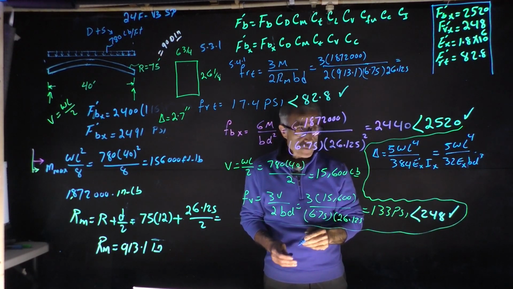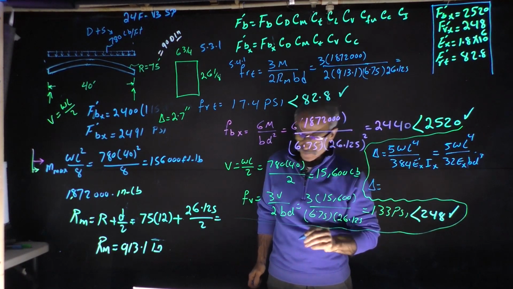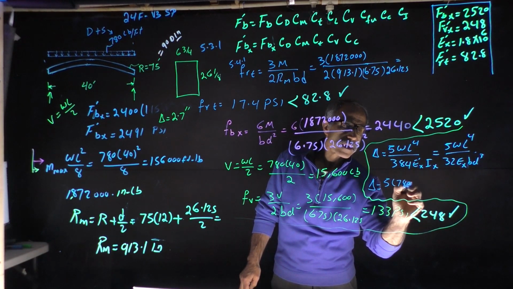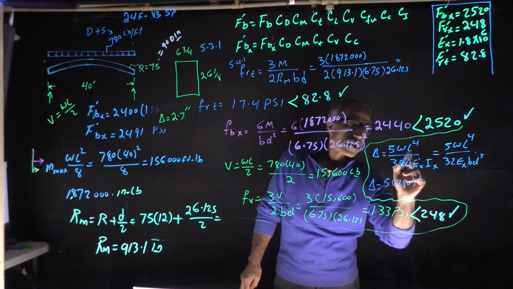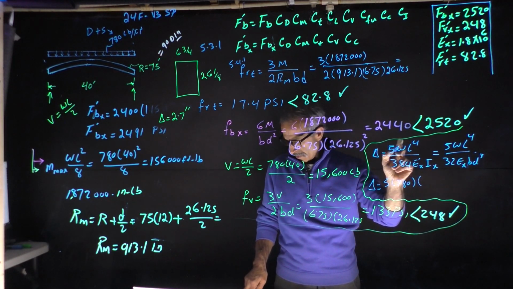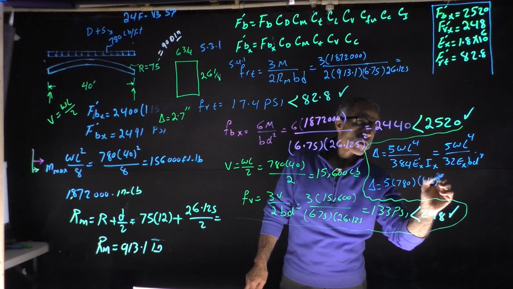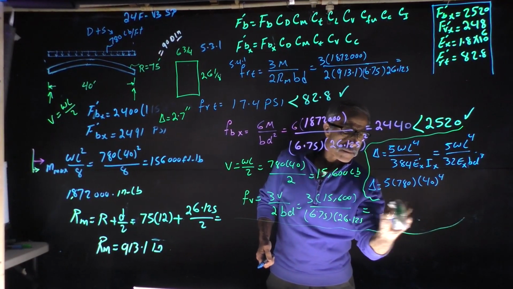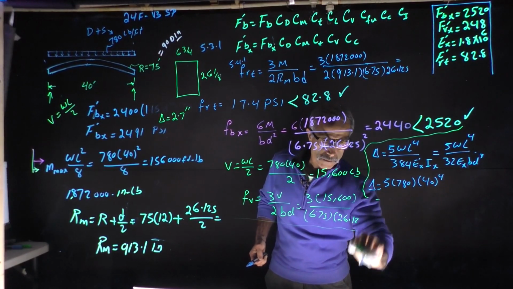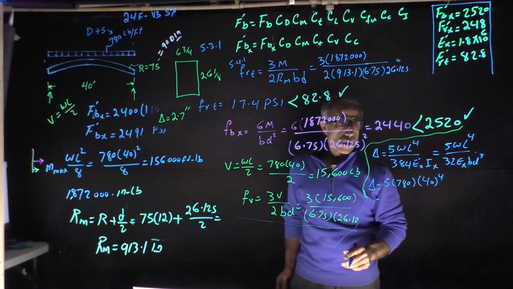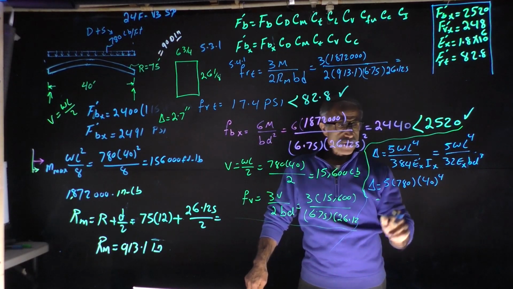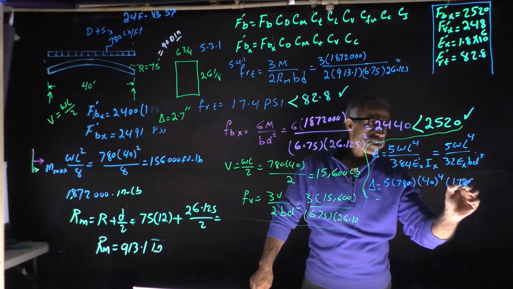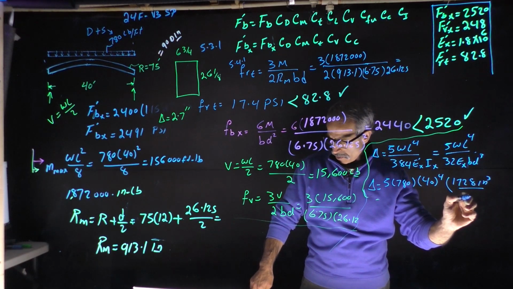So if I plug in those numbers, my delta comes out to 5 times 780 times 40 feet to the power 4, and if we convert that, it's going to be times 1728, that's cubic inches per cubic feet.